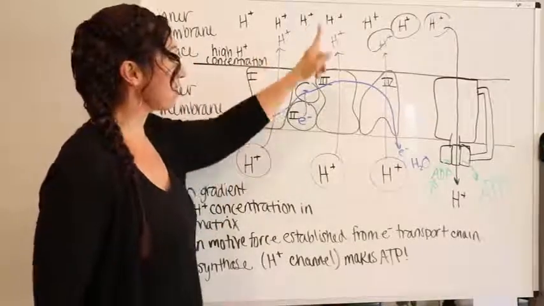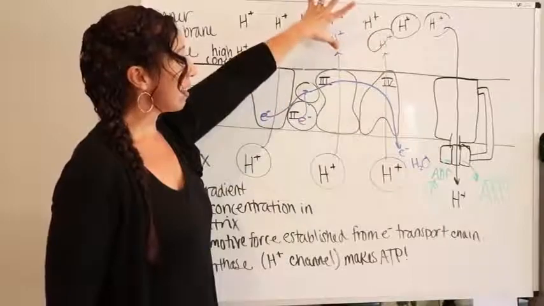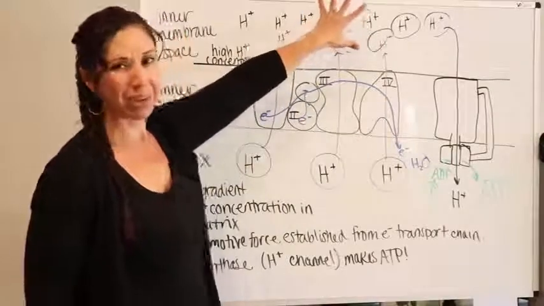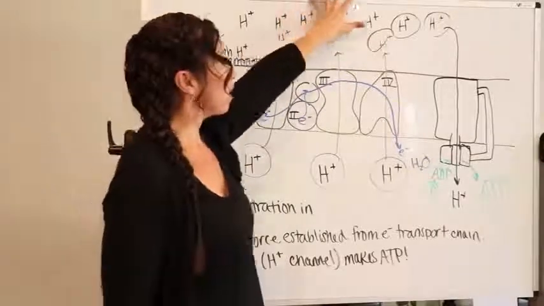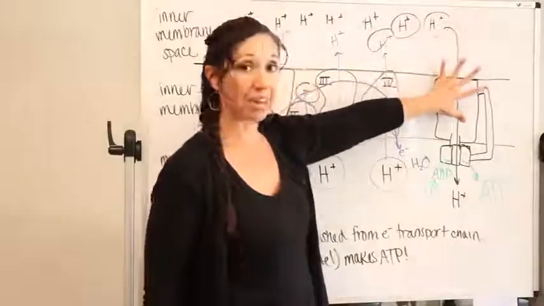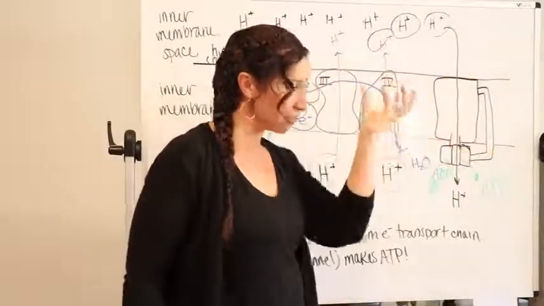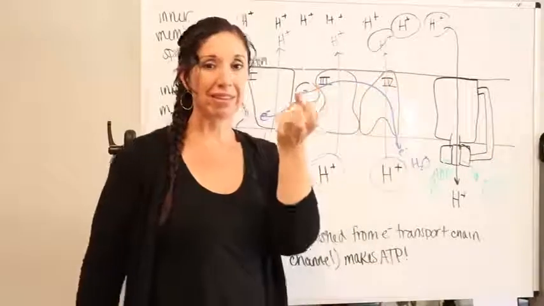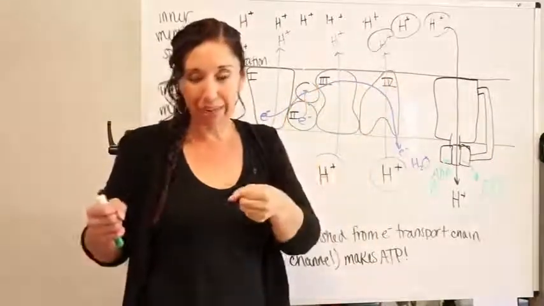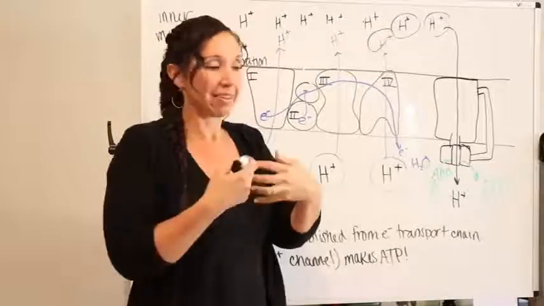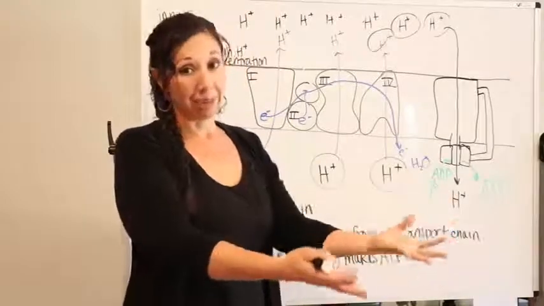These protons get consistently propelled into this high concentration, and they want to come back down to a low concentration, so they enter this proton channel called ATP synthase. As they're going down the channel, a conformational change happens in ATP synthase to grab an ADP and a phosphate and allow them to react together to make ATP.